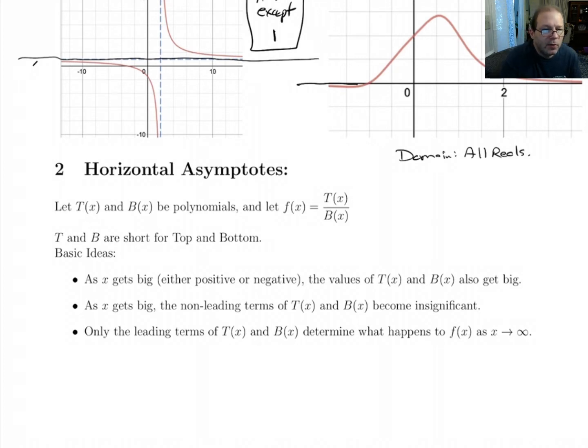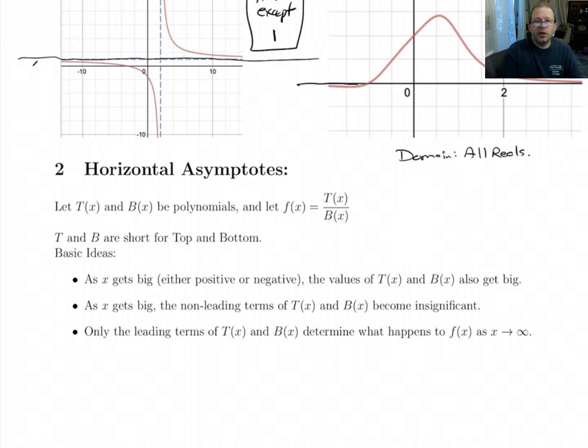And I want to both give you the rules for how to find the horizontal asymptotes and try to do a decent job of explaining why those rules work. So let's think about this for a bit. Right now, just think about a polynomial, t and b. Think about them individually. When x gets big, either positive or negative, the value of a polynomial is also going to get big.